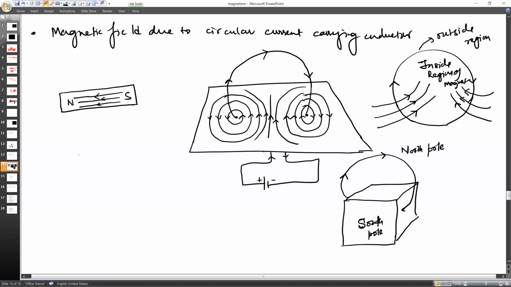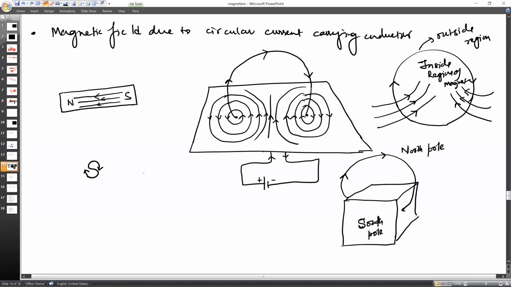Now if I have a circular coil, and you see the current in the coil as clockwise or anti-clockwise, tell me, is it clockwise or anti-clockwise? The current towards you is clockwise. So you can consider this the clockwise direction.